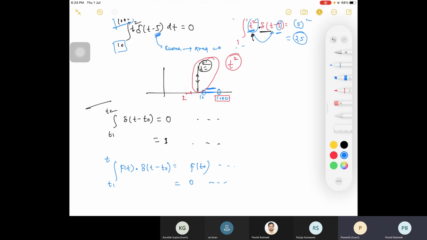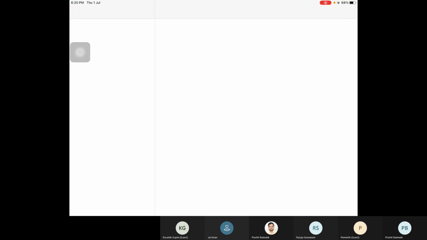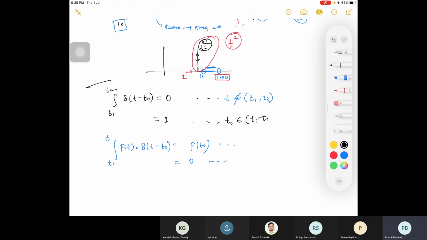So the integral from t1 to t2 of delta of t minus t naught equals 0 when t naught is either less than both t1 and t2 or greater than both t1 and t2. Right, that means it is not in that interval. It does not belong to your t1 comma t2 interval. And if your t naught lies between your t1 and t2, you will have a curve in that interval, so you will have that value.